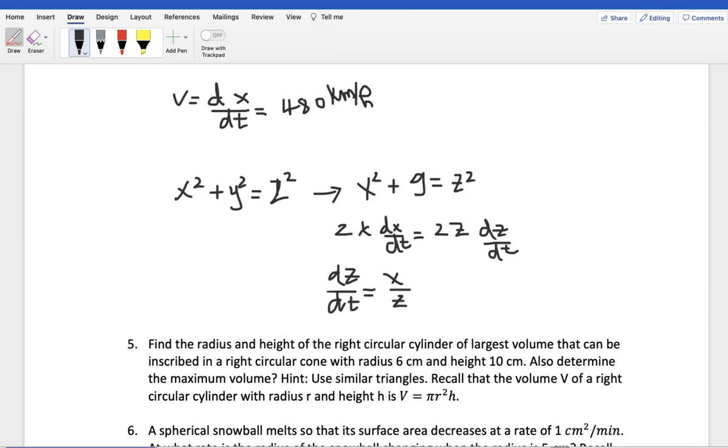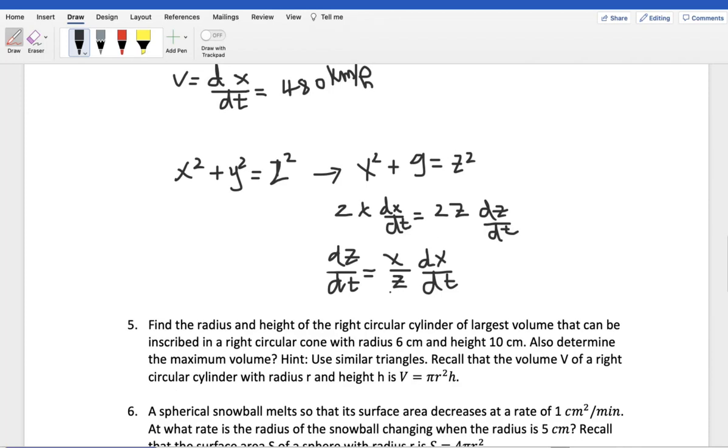So the 2 cancels, multiplied by dx dt. So now we have our differential equation.